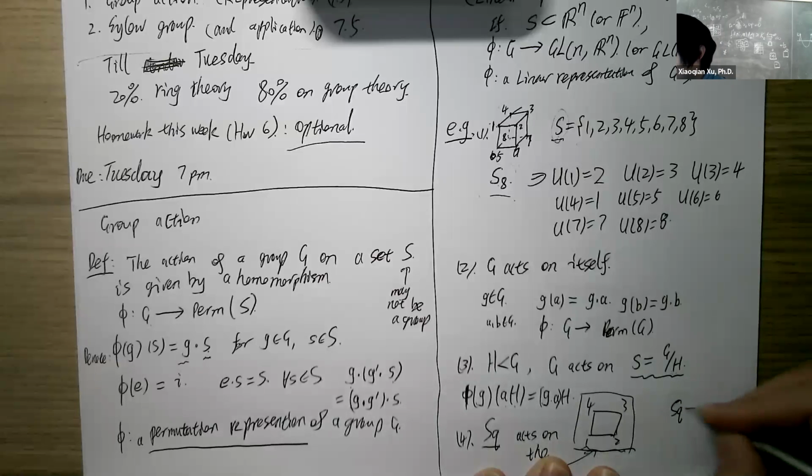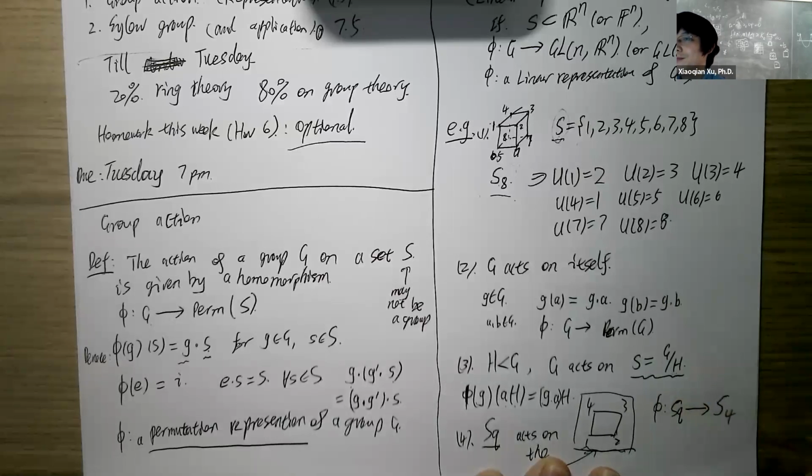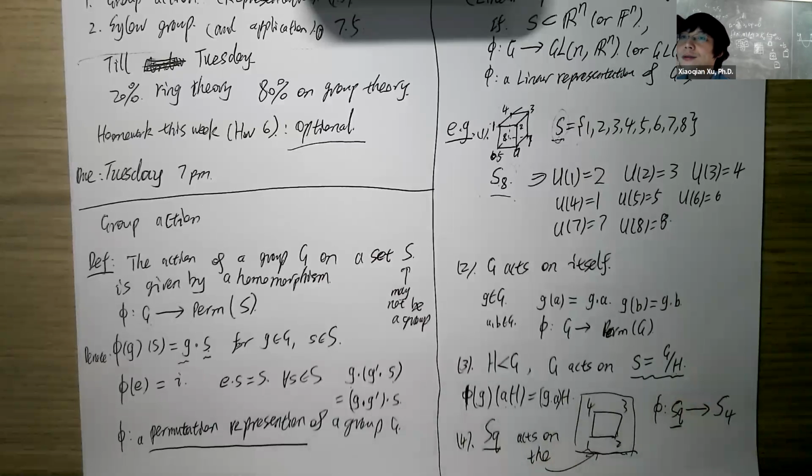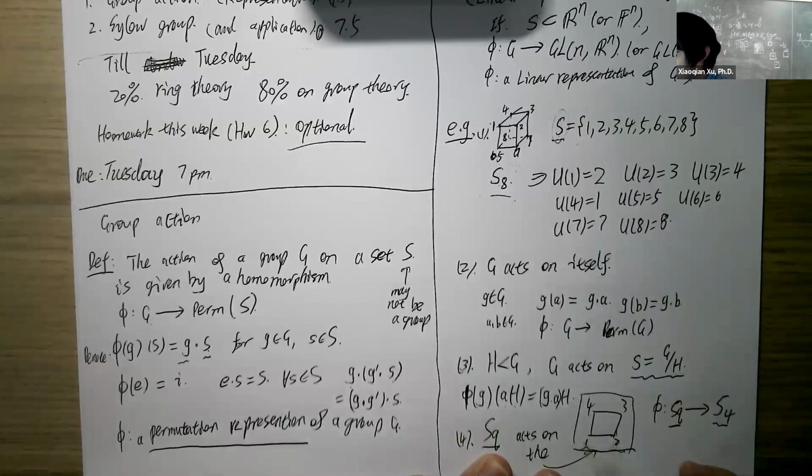You can think it is more or less like S_Q can be seen as a subset of S4, right? But in reality, this S_Q is not the whole S4 because there are some elements of S4 which you cannot find in S_Q.